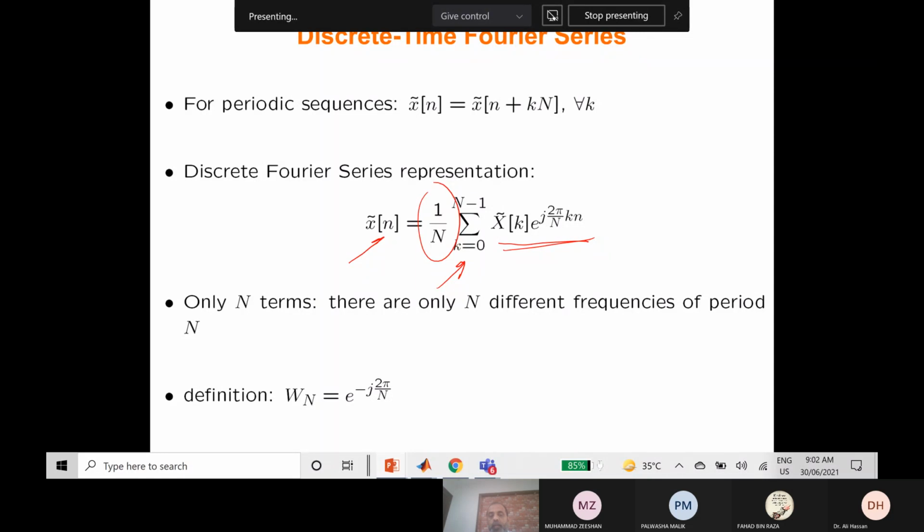The good thing about the discrete case is that you don't have to add infinite cosines, you only have to add N cosines or N exponentials to create any periodic signal.